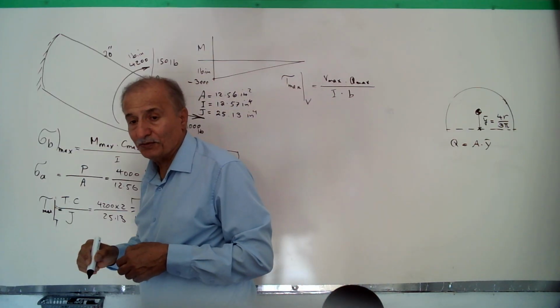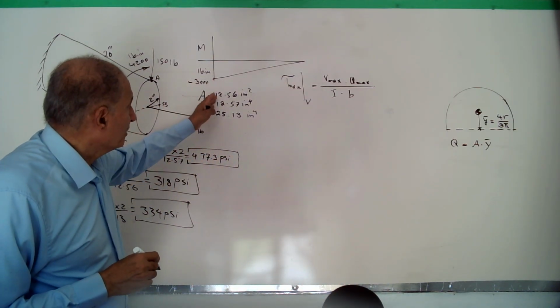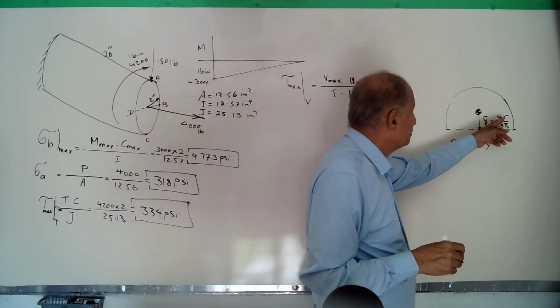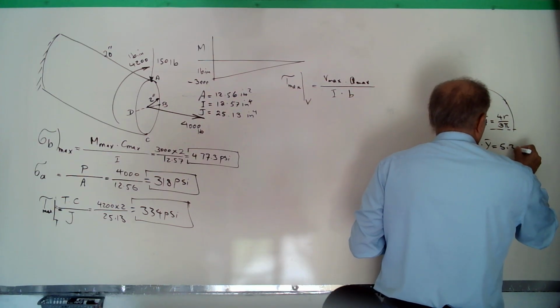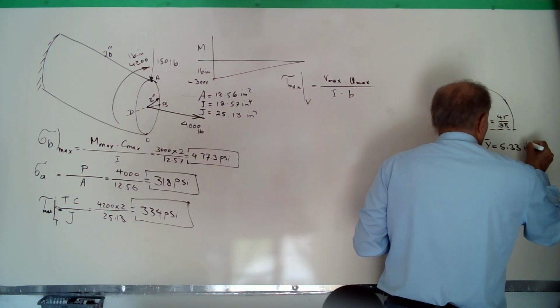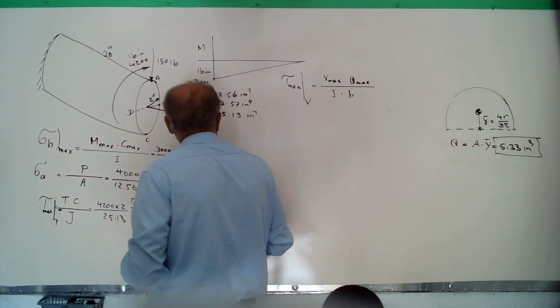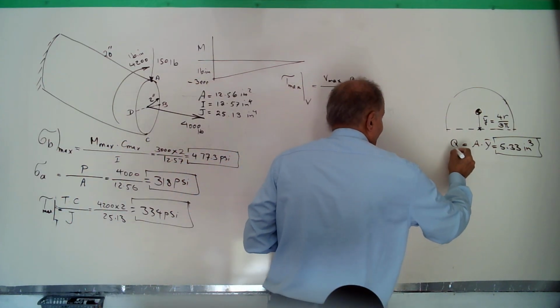That's the distance of the semicircle centroid from its base. If you calculate the area, 12.56, and multiply by 4 times 2 divided by 3 pi, you reach the value 5.333 inch cubed. That's the Q that you need to calculate here. And that's the Q max actually.